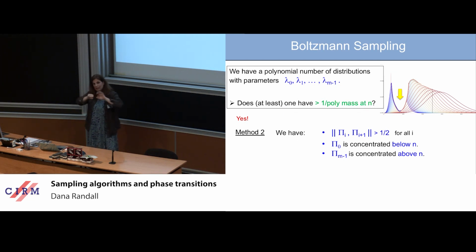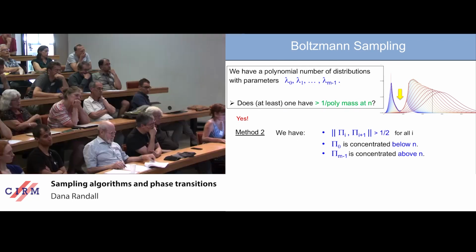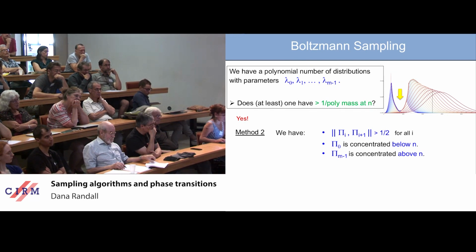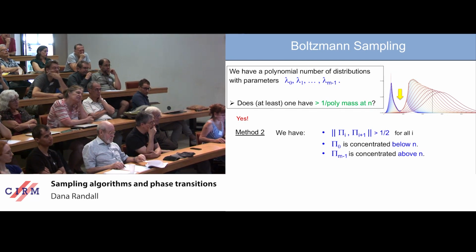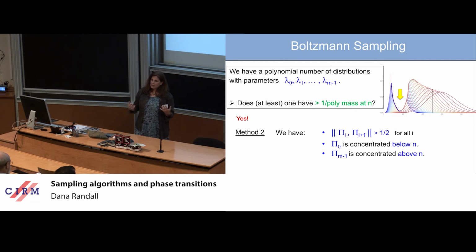It would be a bad cut that would show that you're going to take exponential time to get from the left to the right, but we know that's not the case. So it's kind of cool that the proof of fast mixing is what we actually use to analyze each of these distributions and show that they're good for Boltzmann sampling.